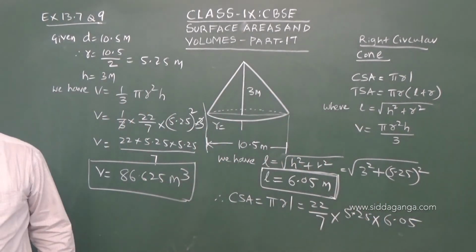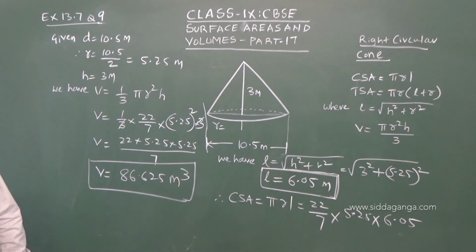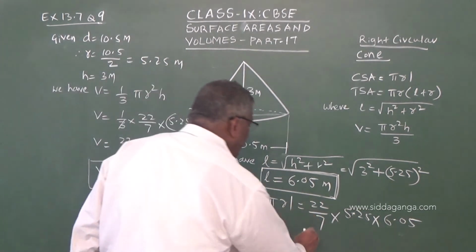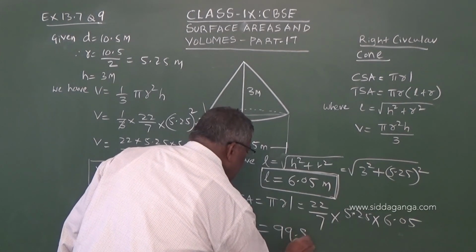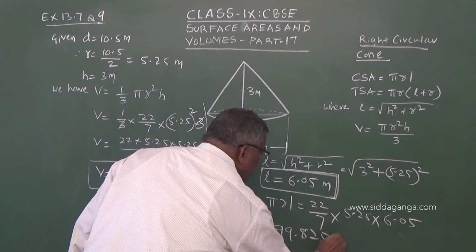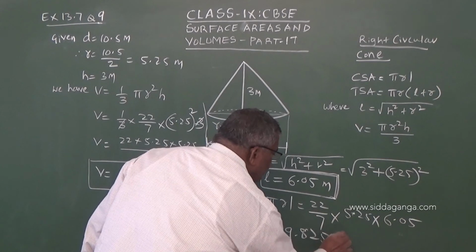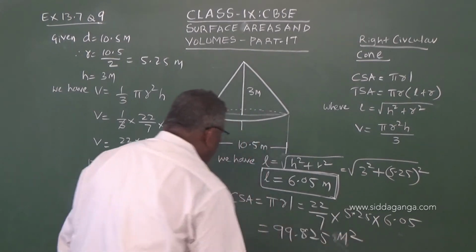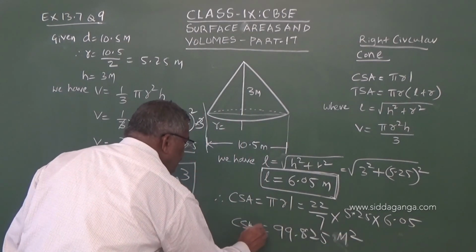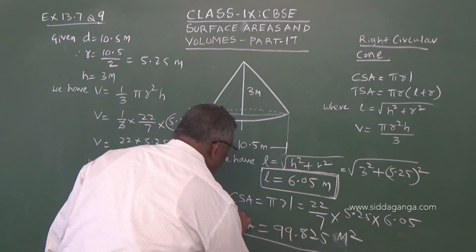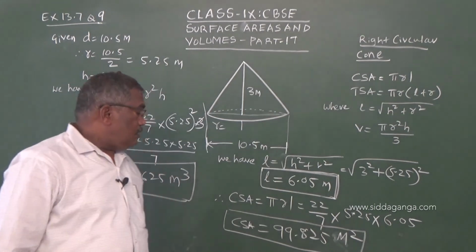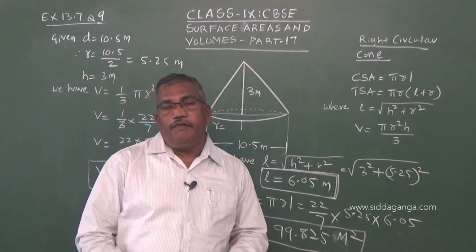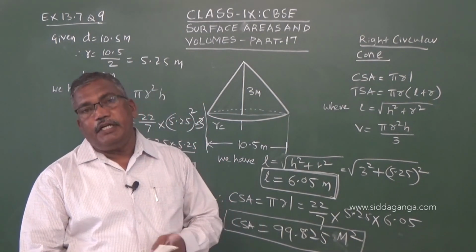So this worked out to be 99.825 meters square. Curved surface area. So therefore, the canvas required is 99.825 square meters.